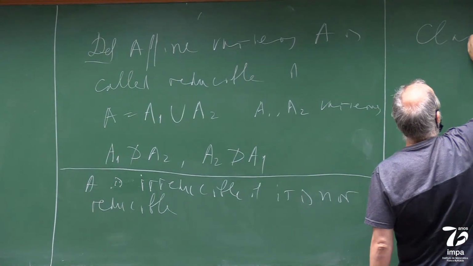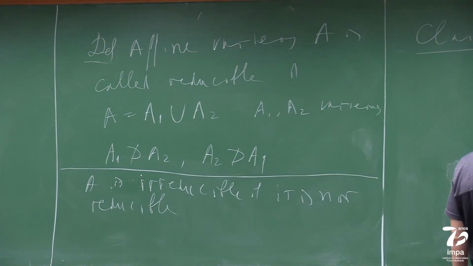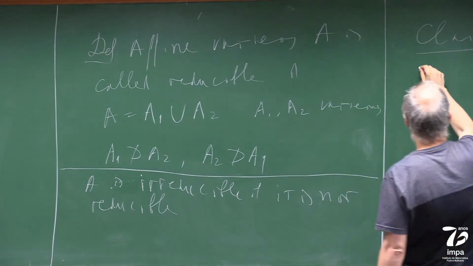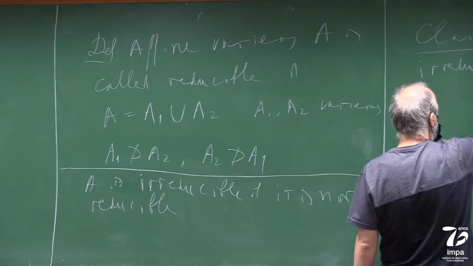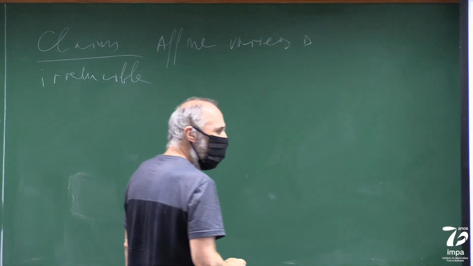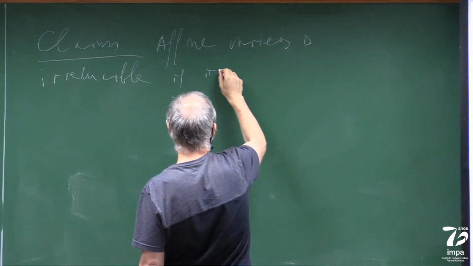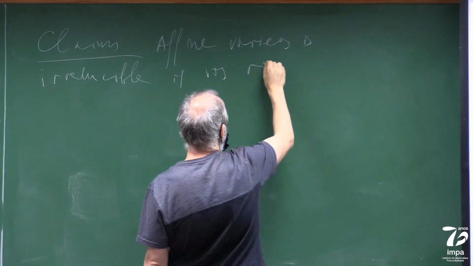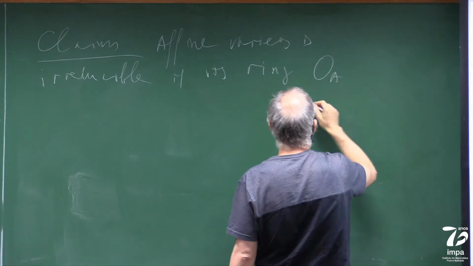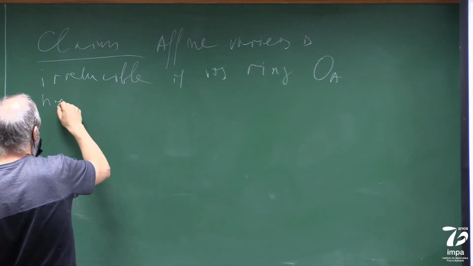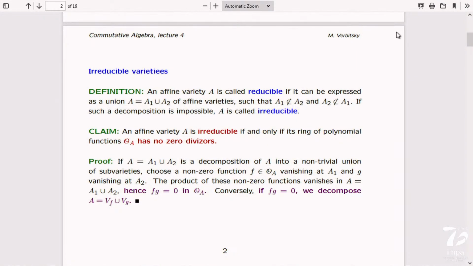Claim: an affine variety is irreducible if and only if its ring of functions, the structure ring, which is the ring of polynomial functions on this variety, has no zero divisors, meaning that there exist no non-zero f and g such that fg is equal to 0.